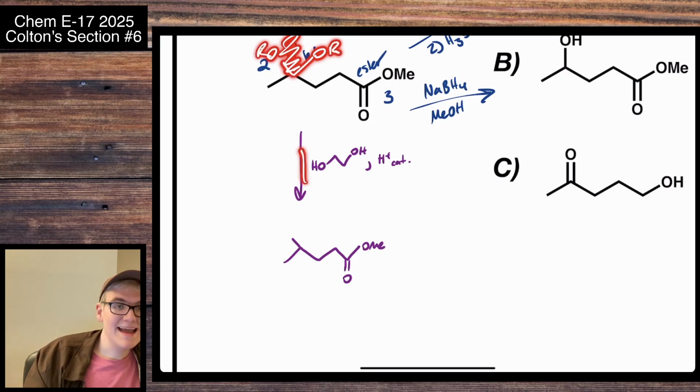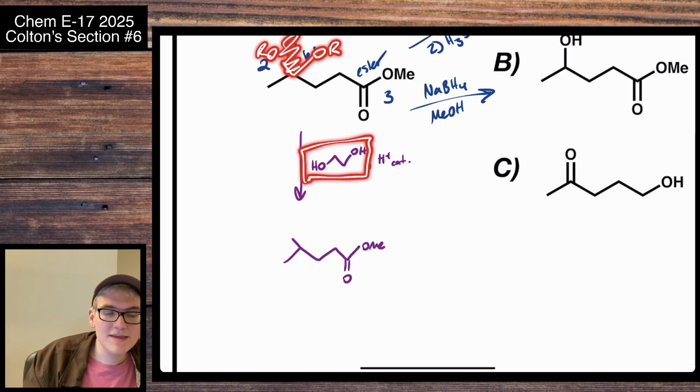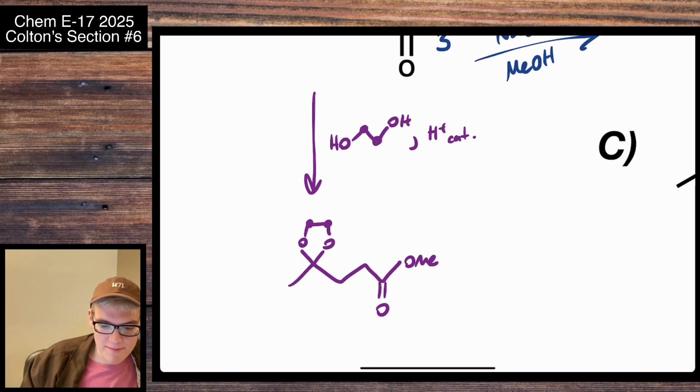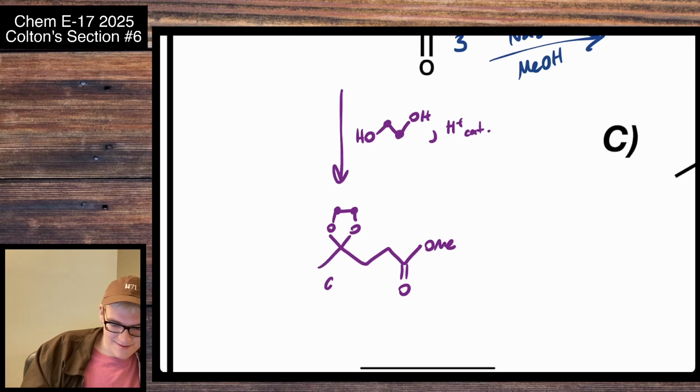But when we use a diol like this, both of the R groups are on the same molecule. So we have OR and OR, and they're just connected in the middle. So we put both oxygens here, and we know that there are two carbons in between them. Two carbons. So it makes this little 5-membered ring acetal.